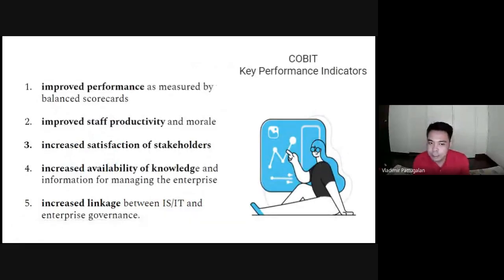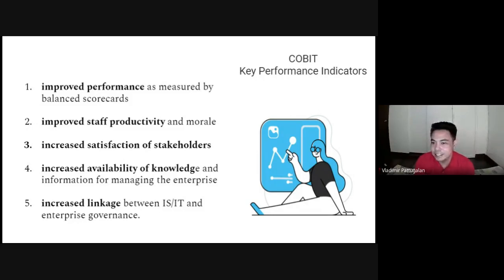So the first key performance indicator would be the improved performance, as measured by balance scorecard. So it's important as the company monitors its operations with the outsourcing party, that it measures everything numerically and all.